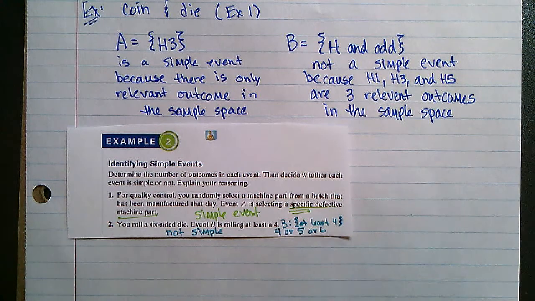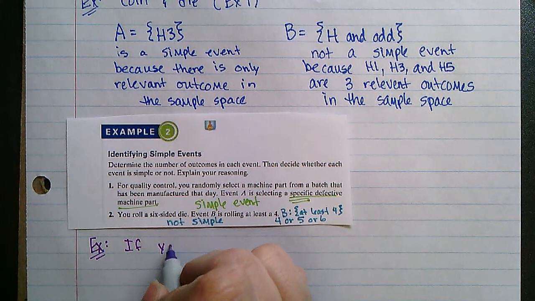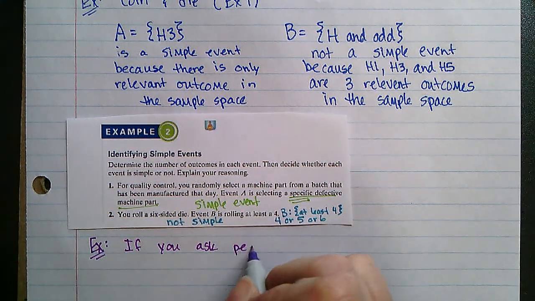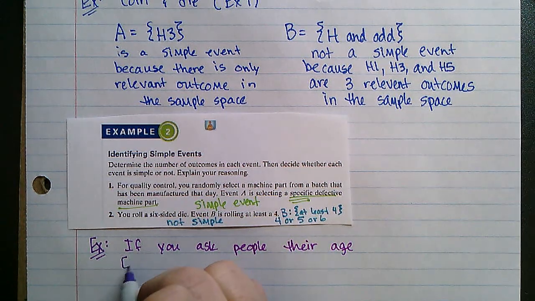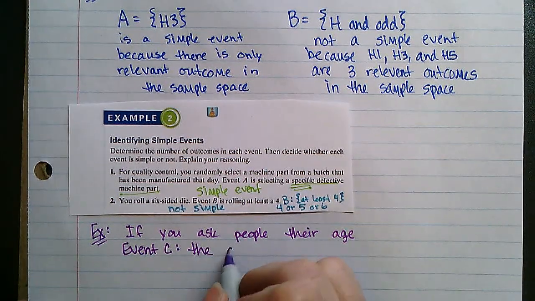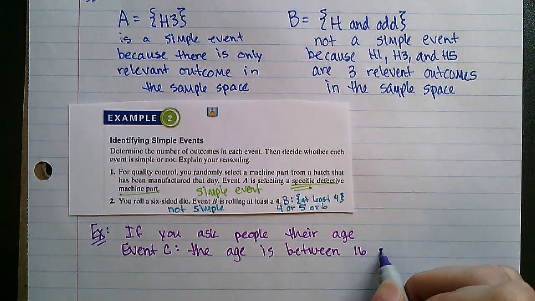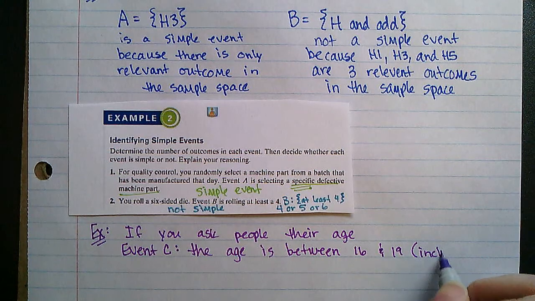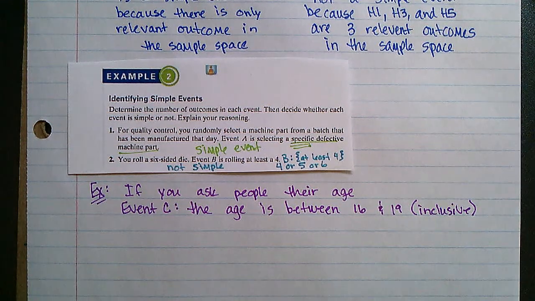Let's make up another little example, just for more practice. If you ask people their age, then event C is that the age is between 16 and 19 inclusive. What does inclusive mean? Inclusive means that it's between those 2 numbers, but it also includes those 2 numbers.